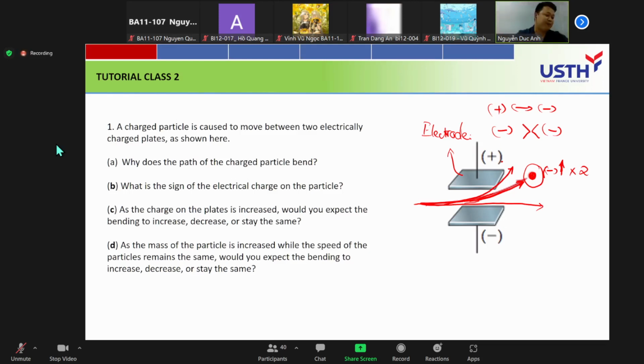Okay, so let's move this way to explain to you. We have the charge moving straight like this. When they go through two electrodes, this one will move this way.